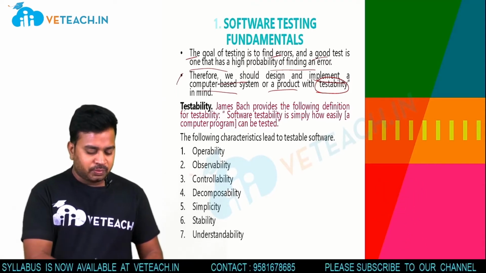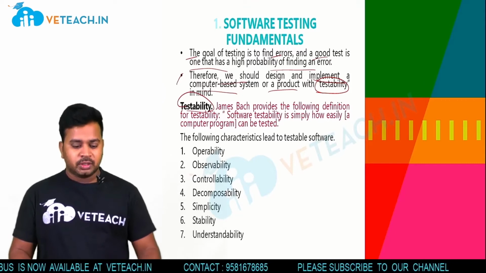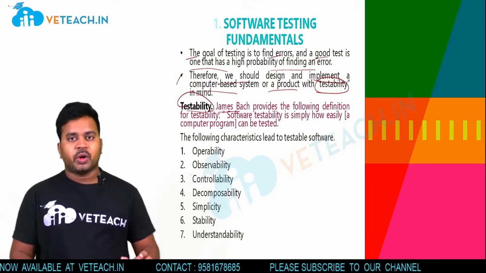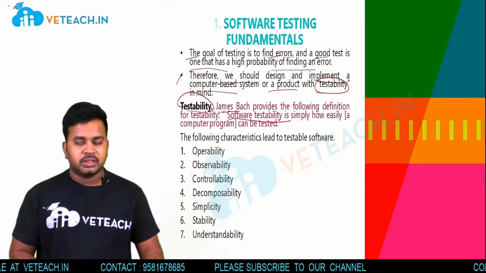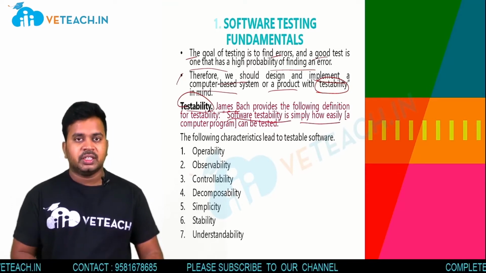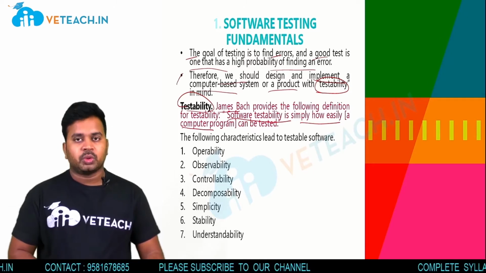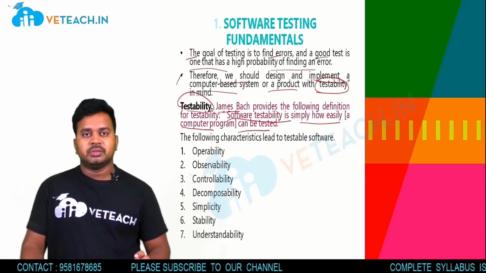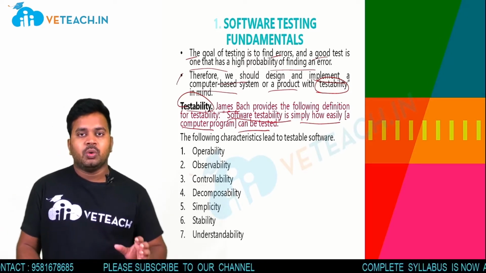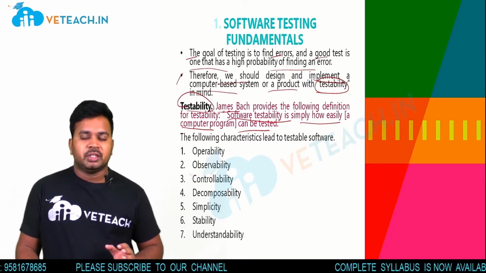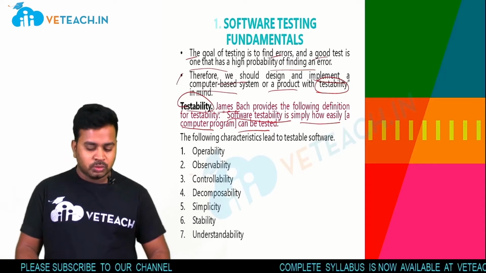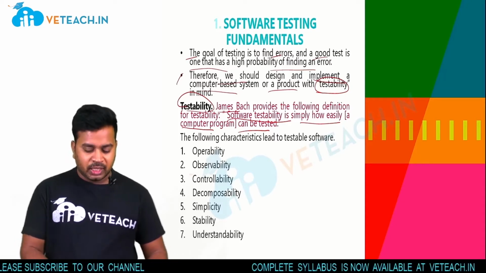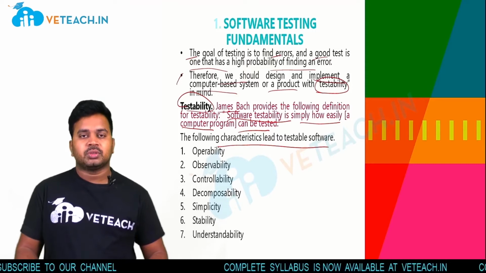So what is meant by testability? James Bach provided the definition: software testability is simply how easily a computer program can be tested. In simple terms, how easily a program can be tested is called testability. Now we are going to see some characteristics of testable software.